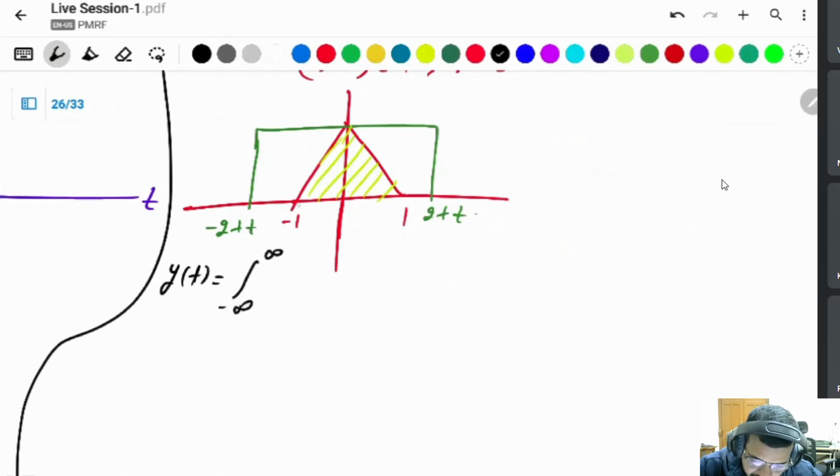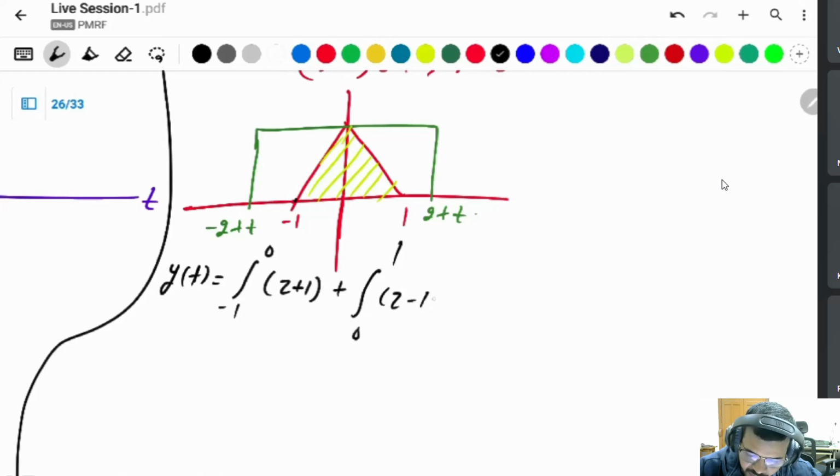Write the equation of this one: tau plus 1. Then plus this equation, it will be from minus 1 to 0 plus 0 to 1. What is the line equation of this one?